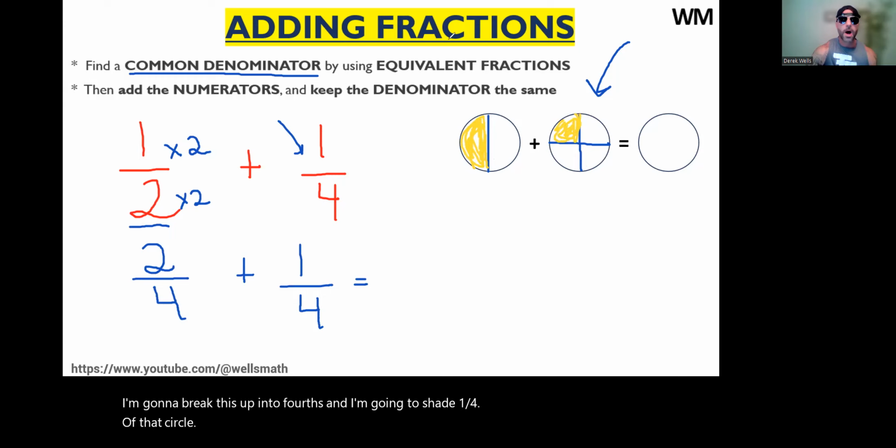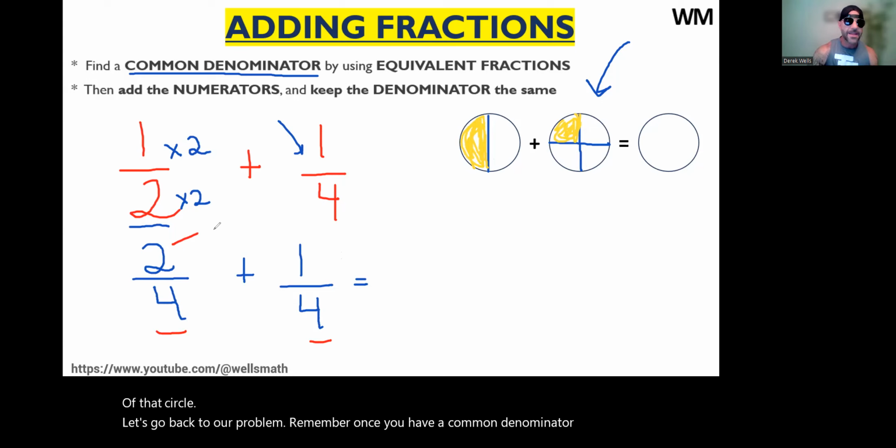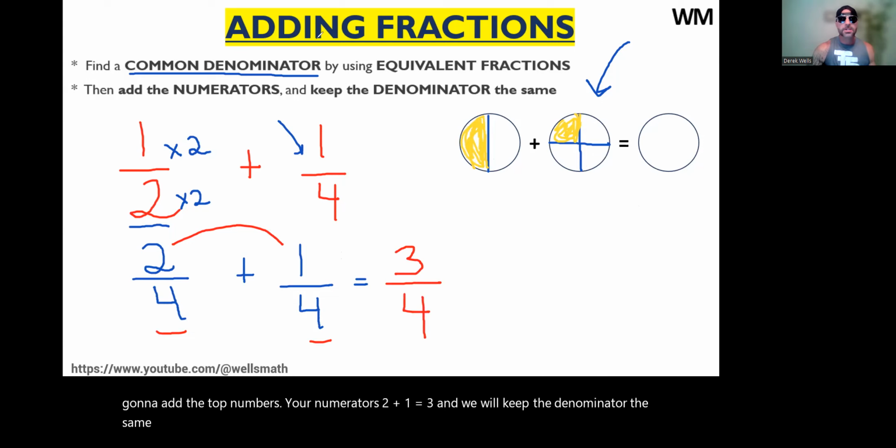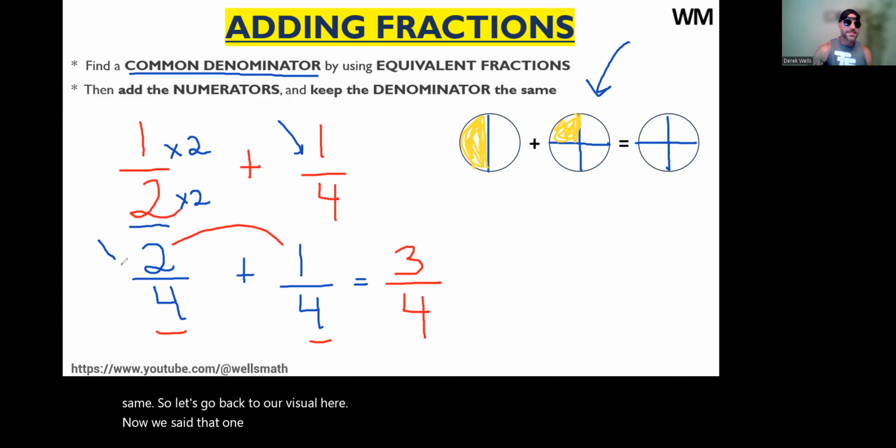Now let's go back to our problem. Remember, once you have a common denominator, you're just going to add the top numbers, your numerators. 2 plus 1 equals 3, and we will keep the denominator the same. So let's go back to our visual here. Now we said that 1/2 is the same as 2/4.